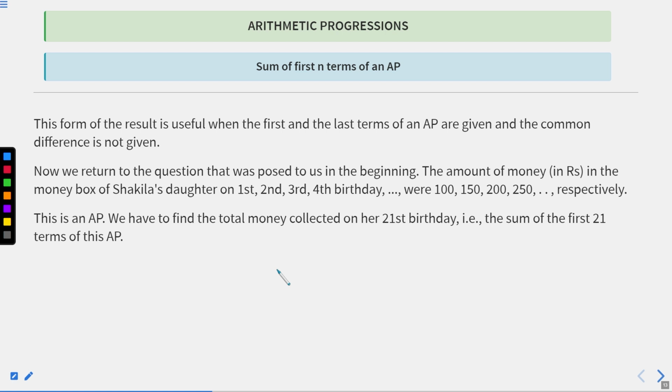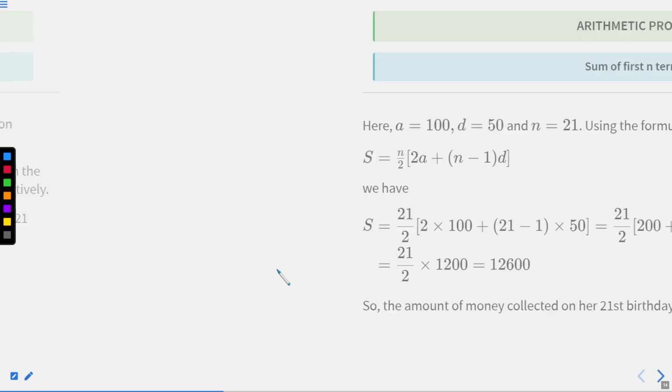So here we can use the previous formula, that is the sum of the first n terms is S equal to number of terms n divided by 2 times 2 times first term a plus number of terms n minus 1 times common difference d.